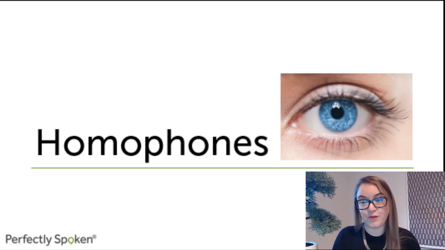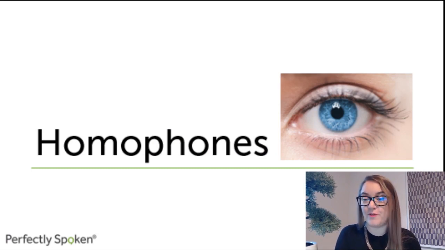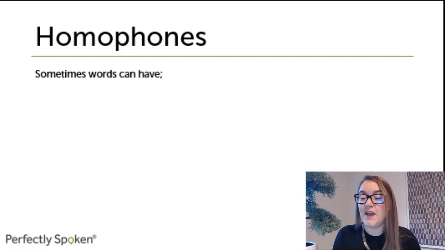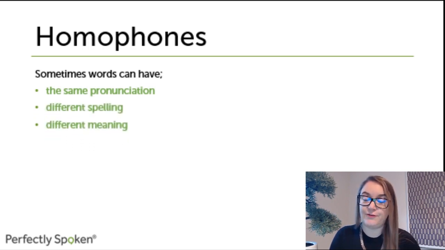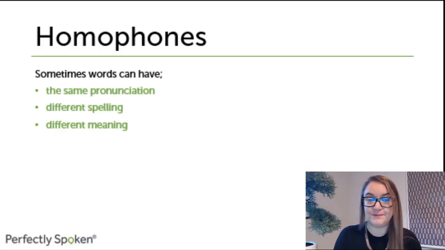Now, don't worry if you're not sure what a homophone is. Homophones are words that have the same pronunciation, different spelling, and different meaning. So in lesson 1, we talked about the fact that English spelling doesn't help us with pronunciation.